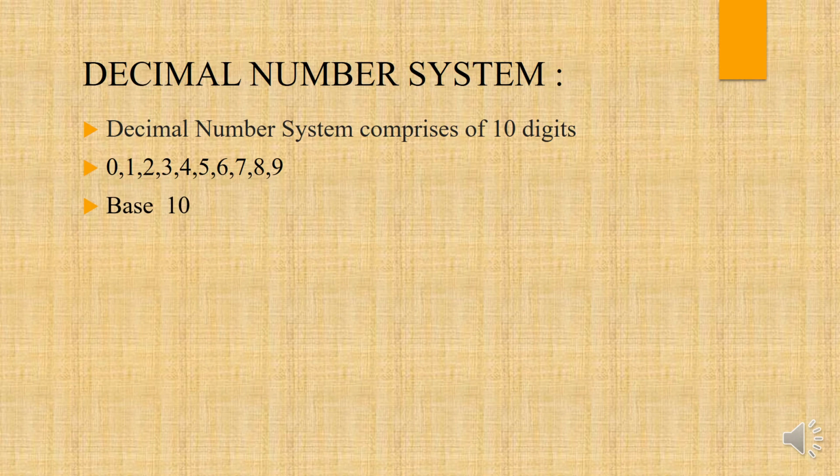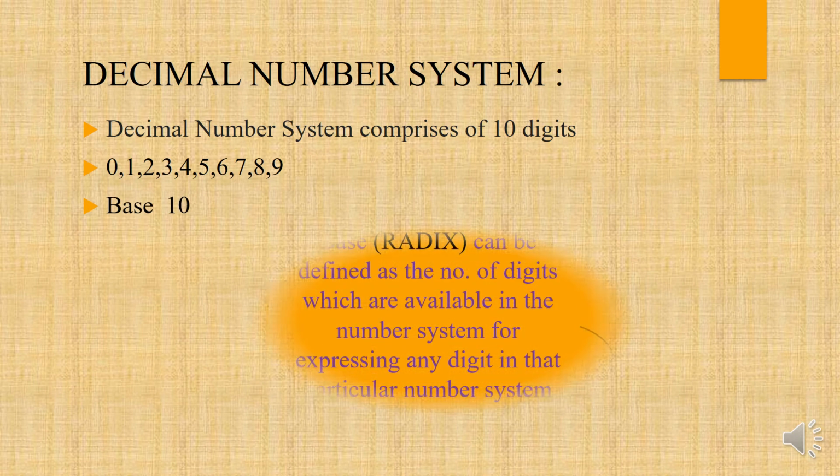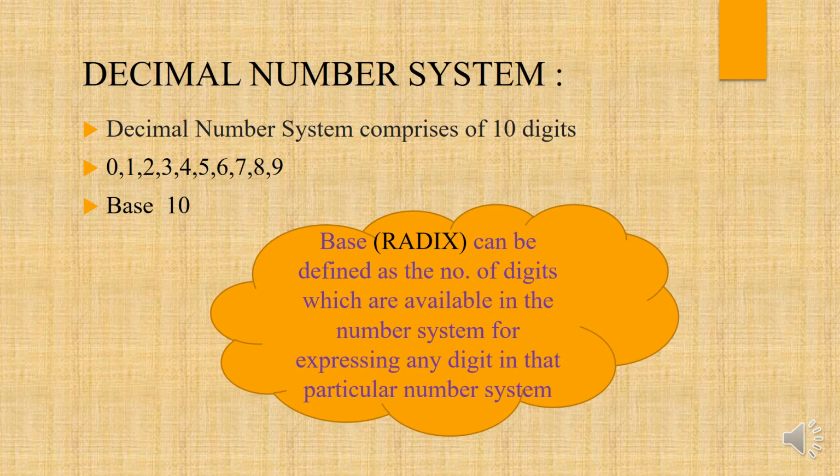Okay, so what is base? See, base can also be called the radix, right? So base or radix can be defined as the number of digits which are available in the number system for expressing any digit in that particular number system. Okay, so the base of the decimal number system is 10, meaning that a total of 10 digits are available in the number system, and by using these 10 digits we can define any number in this system, right?